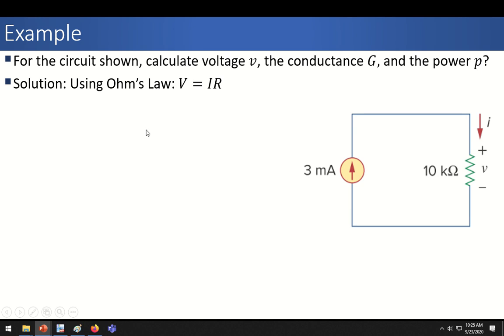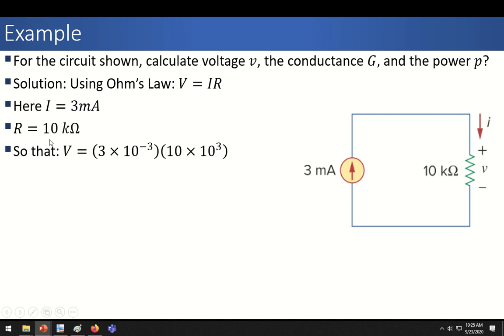We can easily find the voltage using Ohm's law. We have V is equal to I into R. Since we want to find V, we have I, that is 3 milliampere, already given, and R is equal to 10 kilo ohm. So we can substitute these values into this equation. V will be equal to 3 milli into 10 kilo, so in this case it will be 30 volts.